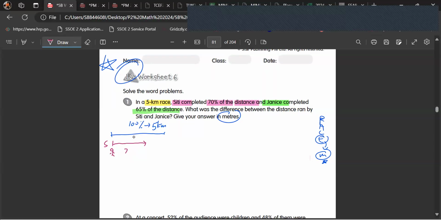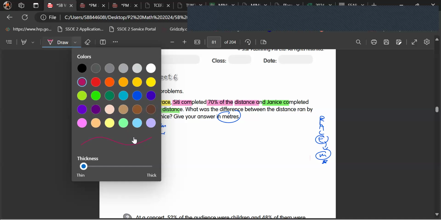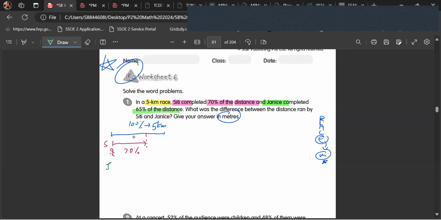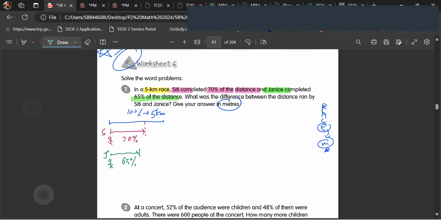Okay, she managed to reach 70%, somewhere here. Then Janice ran until here, 65%. Actually, you think about it, this is almost like a whole number question.